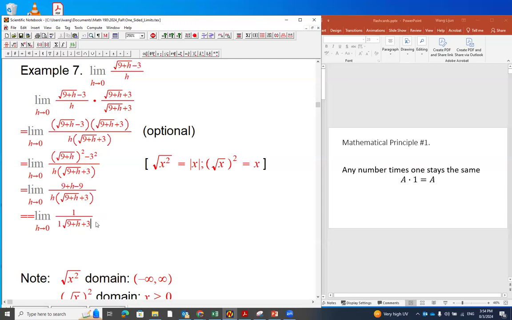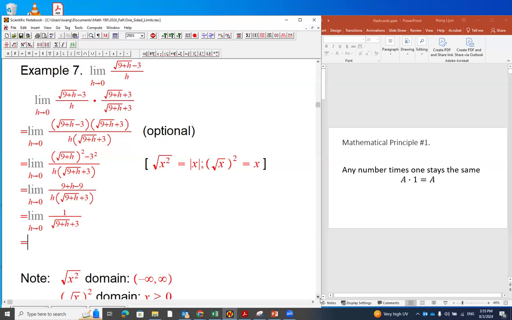So now we can do direct substitution because we no longer have any issues with a 0 denominator. And we will just directly substitute. You can use the quotient rule, whichever you like to use, right?